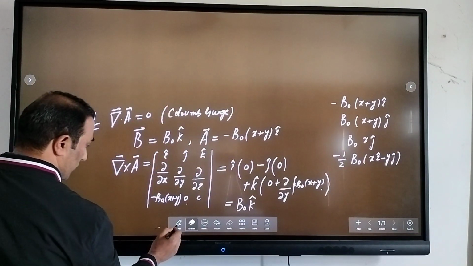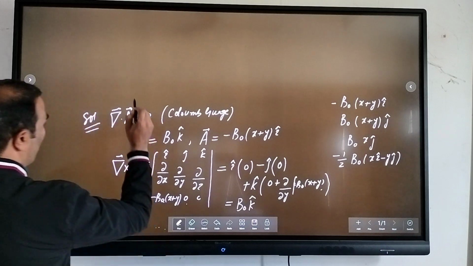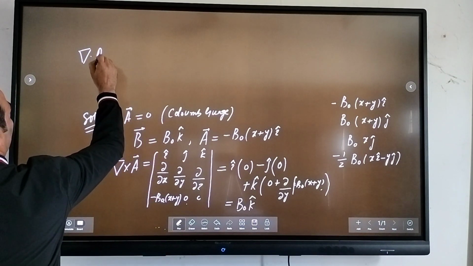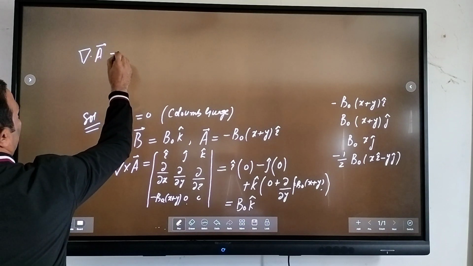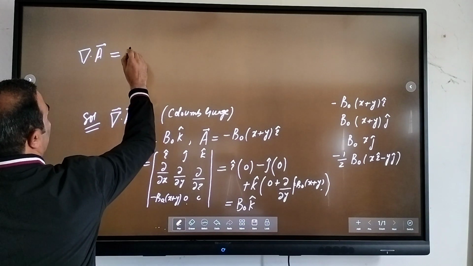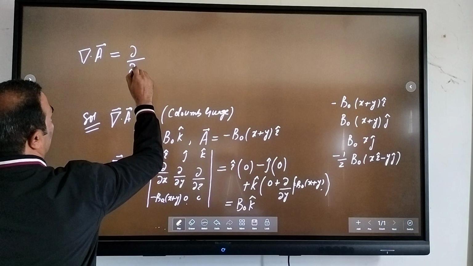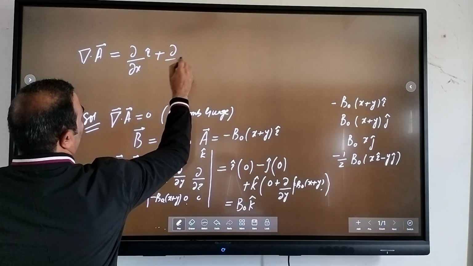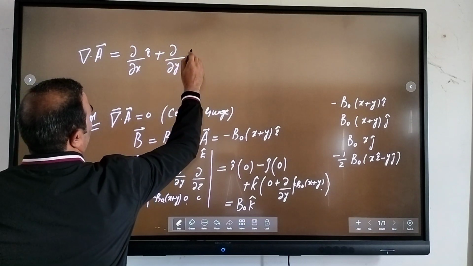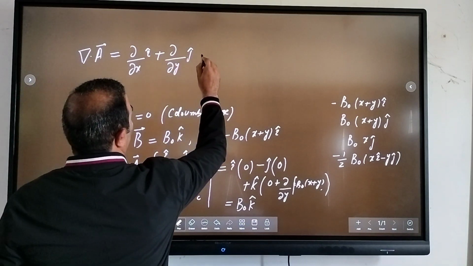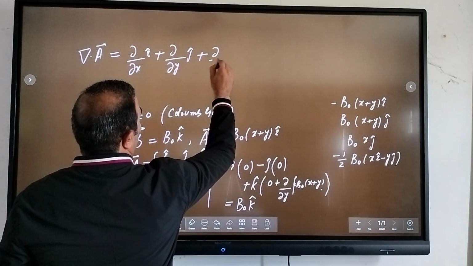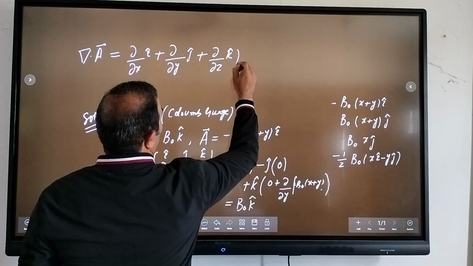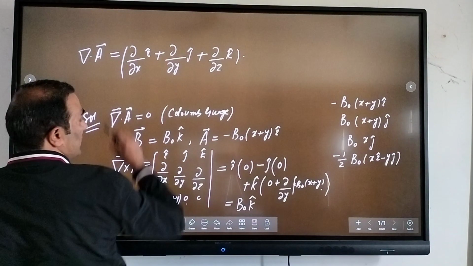Okay, so now write what will be our ∇·A? You expand this, the divergence of A. So what's our vector potential?